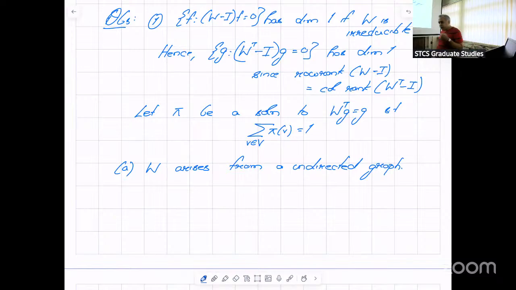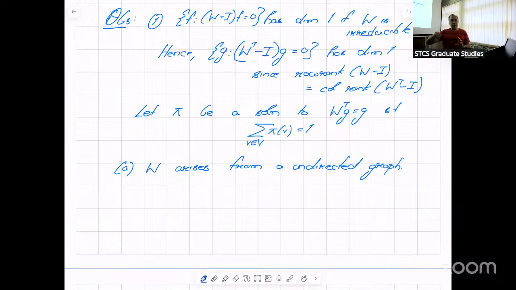Then I actually want to say you can explicitly tell me what is a pi that satisfies this property. You have a graph, think of it as unweighted, just an undirected graph. What is a probability distribution that remains unchanged? If you take it proportional to the degree distribution.